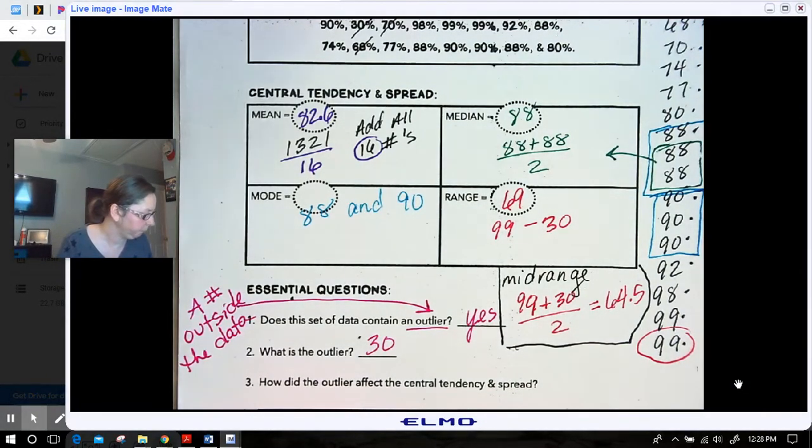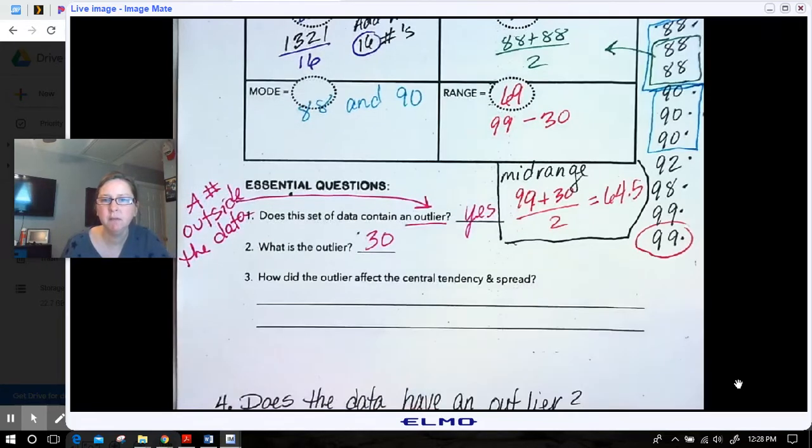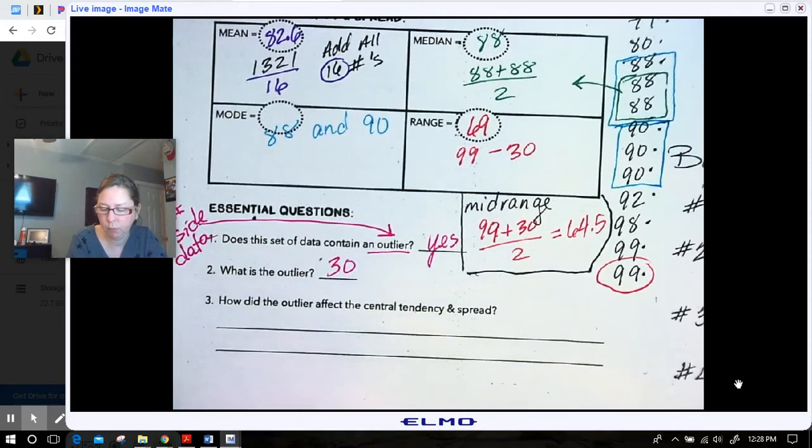All right, next question is, how did the outlier affect the central tendency and the spread? Okay, so what we would do is we would find all the information again, mean, mode, median, and range without the outlier included.